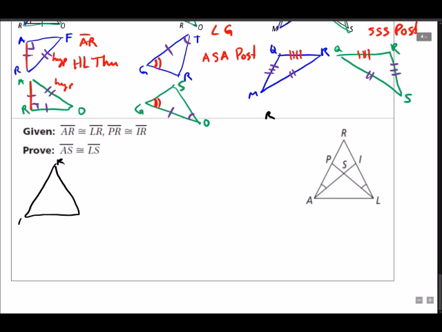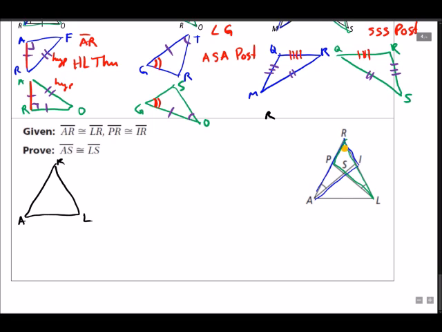R, A, L. And then I see these 2 overlapping. This one here and this one here. You see those? Because what I see is a common angle up there.